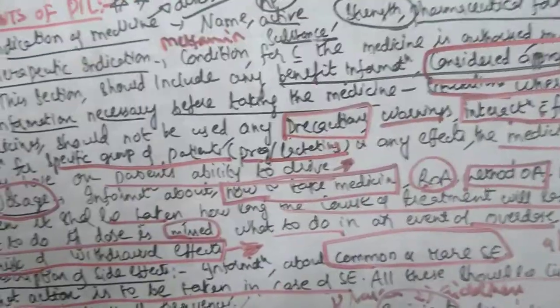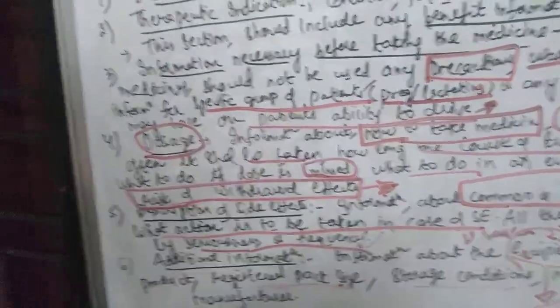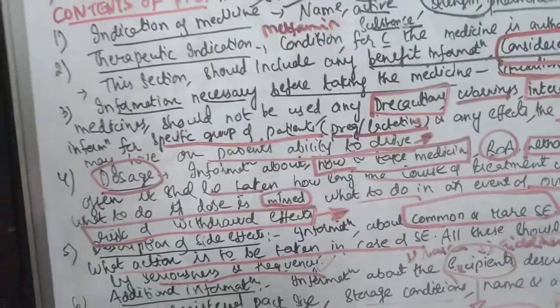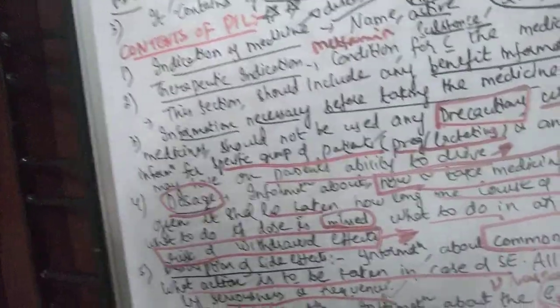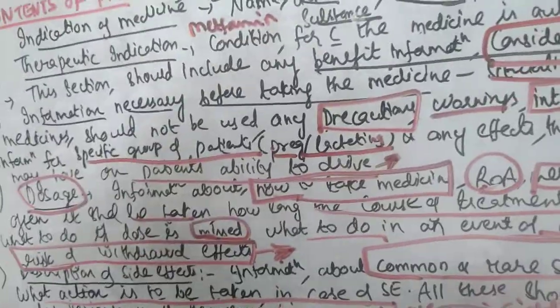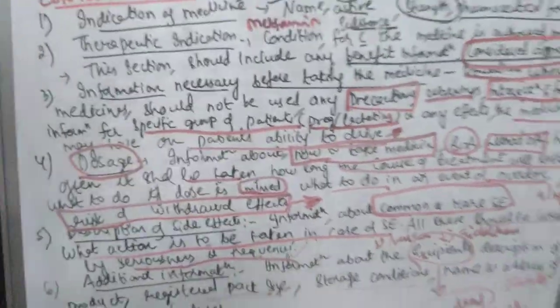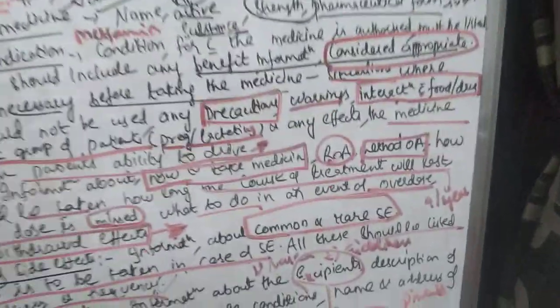That means what is the size? If it is a liquid dosage form, 60 ml, 100 ml, 200 ml. If it is a solid dosage form, per strip 10 tablets or 15 tablets. If they are soft gelatin capsules in a bottle, then it contains 100 soft gels in an amber colored bottle. That all should be written. Registered pack size, storage conditions, name and address of the manufacturer.